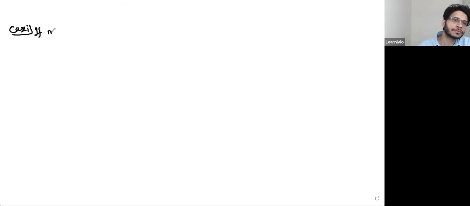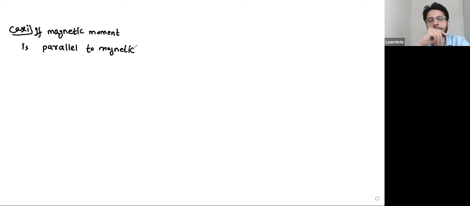If magnetic moment is parallel to magnetic field: in the last section, I discussed two angles, one theta, another is alpha.